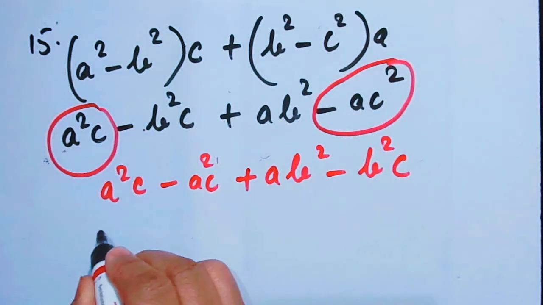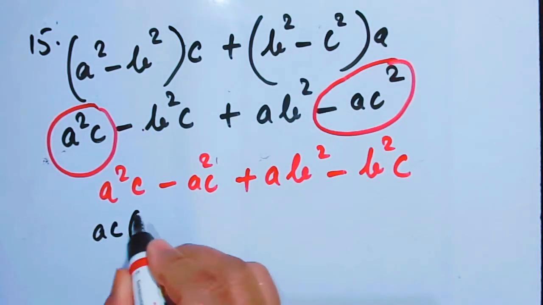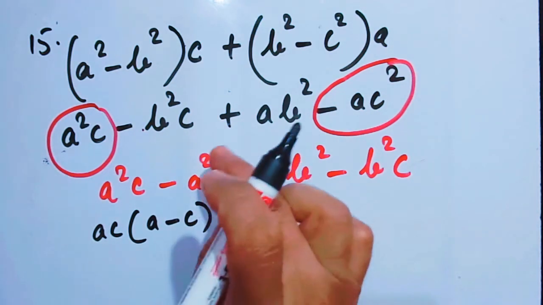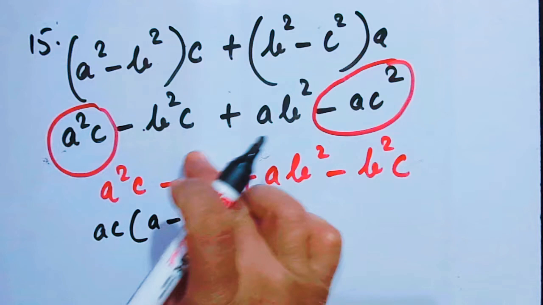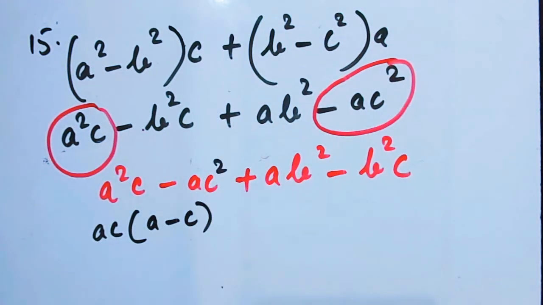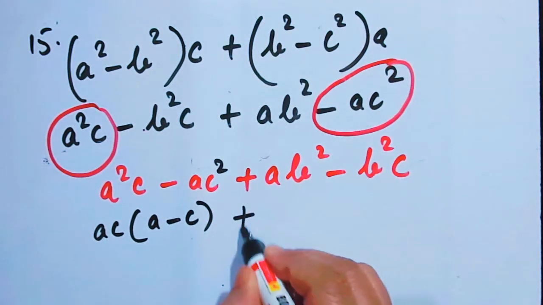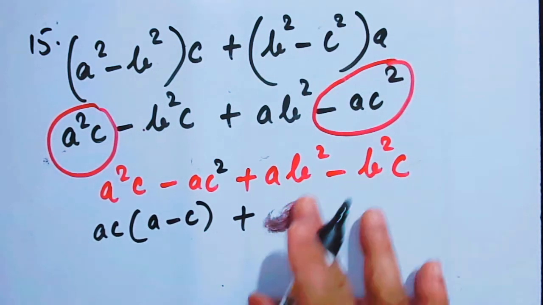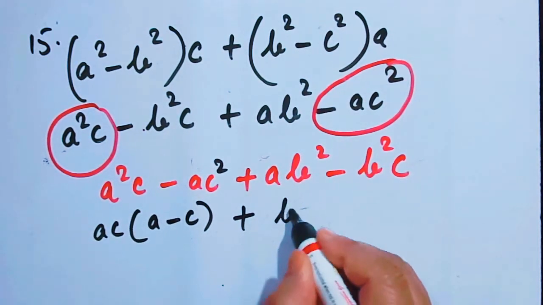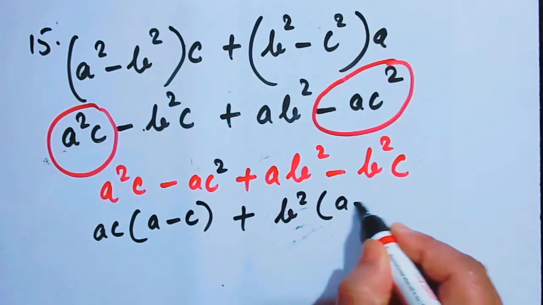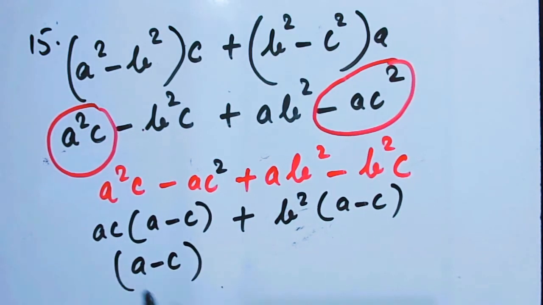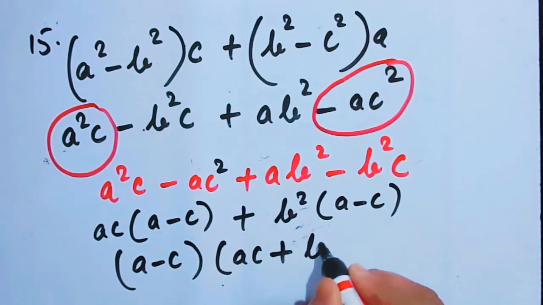If I take AC as common over there, here I'll get A minus C. This was my A square C and this was AC square. Clear? Okay. Now plus, if I take B square as common over here, I'll get A minus C. On taking A minus C common, I'll get AC plus B square.